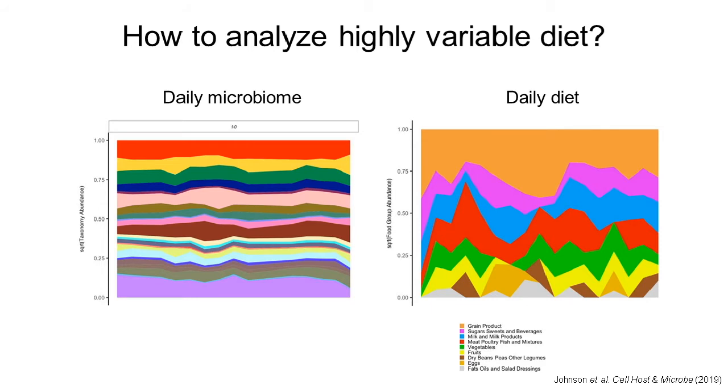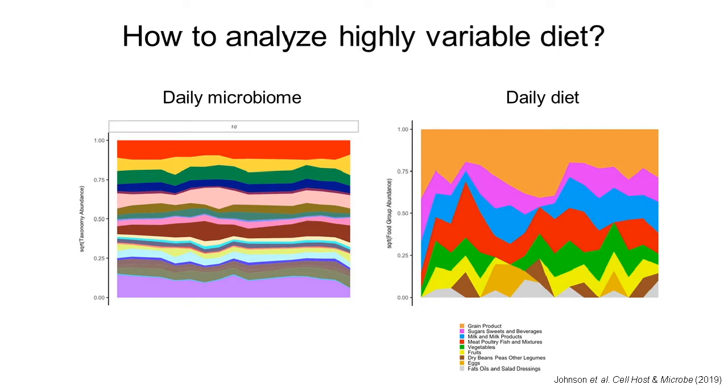So, as we started to do this, we realized we had no idea how to properly analyze the dietary data. We were looking at it, and it's incredibly variable, as I said. So here again is Abby's microbiome on the left, Abby's diet on the right. And you can see that even at this phylum level, it's far more variable than the microbiome.